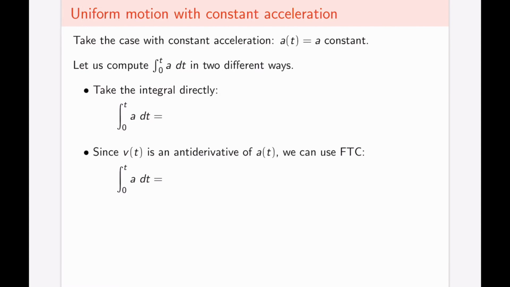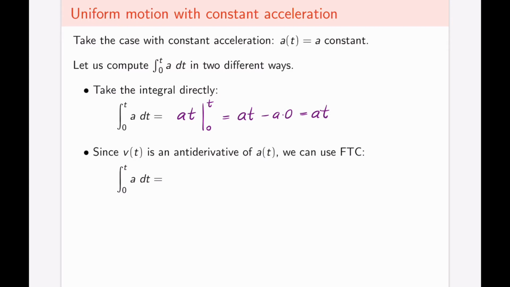So we're going to go through the same process. We're going to assume that the acceleration is a constant called a. And first of all, we're going to take the integral directly. So again, here I'm going to have a times t to be evaluated between 0 and t. So at minus a times 0, and therefore at.